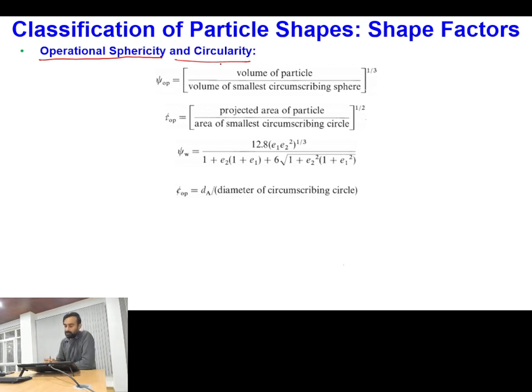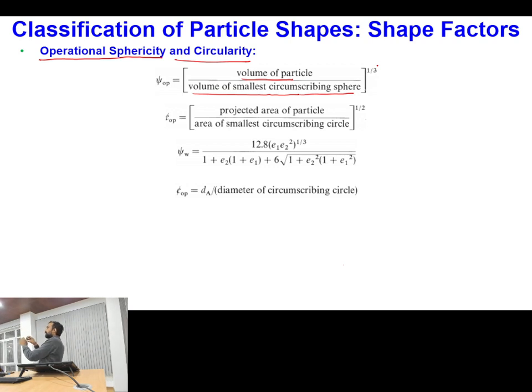So these definitions are: take the volume of a particle divided by the volume of the smallest circumscribing sphere, and then take its 1/3 power. It's a very easy method. You have a particle of any arbitrary shape.